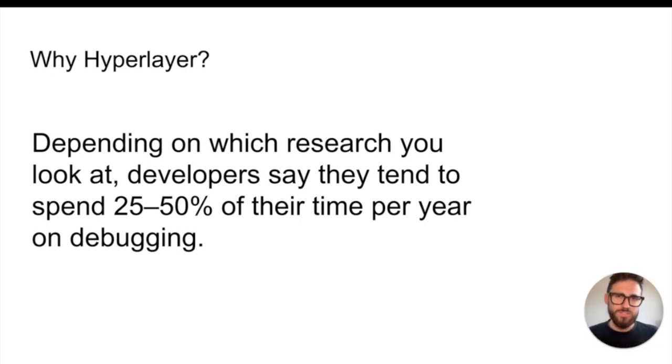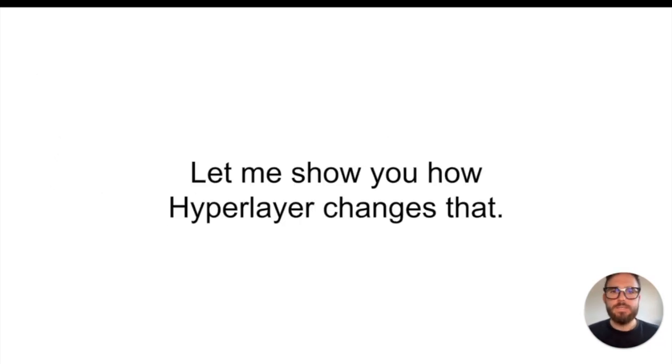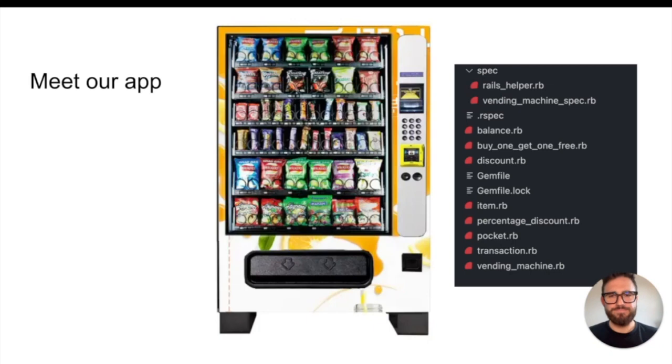But of course, debugging is not, for a software engineer, the most fun part of the process. And so this as a problem is huge. If we can improve the efficiency at which software can be built, the impact that this could have is immeasurable. And so let me show you how Hyperlayer is going to change that.